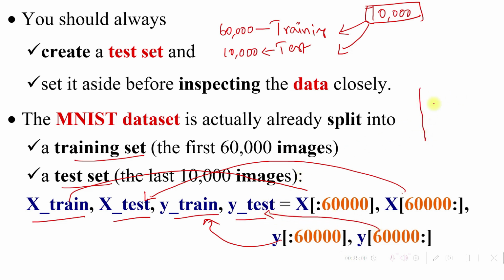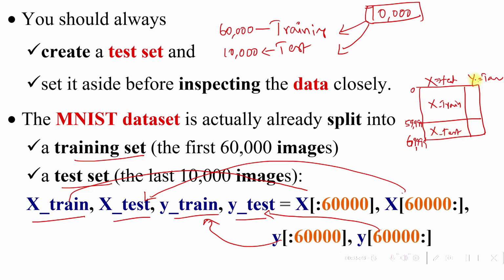So here the dataset is divided into features, which are X, and the target variable, which is y. The indices run from 0 to 69,999, and 0 up to 59,999 are assigned for training, so X_train. The remaining ones are assigned to X_test, and the target variables are assigned to y_train and y_test.